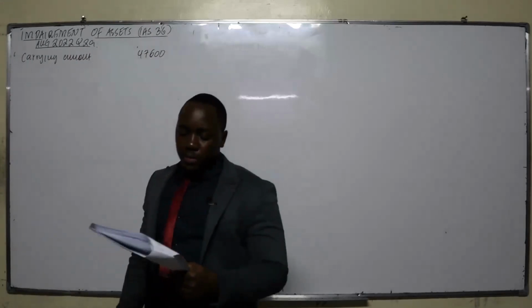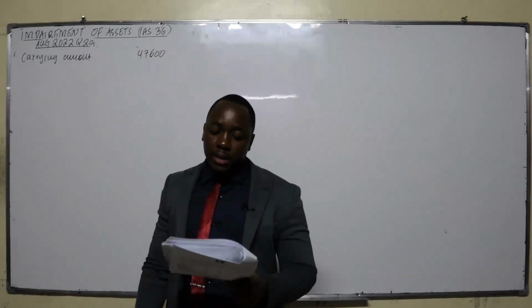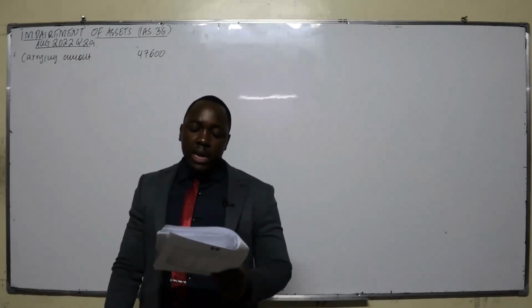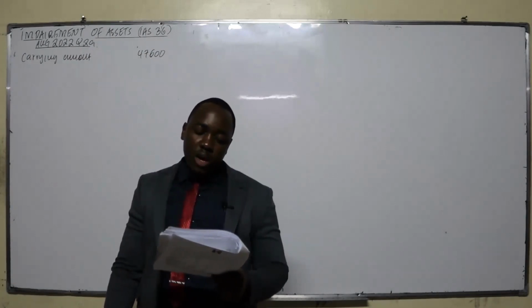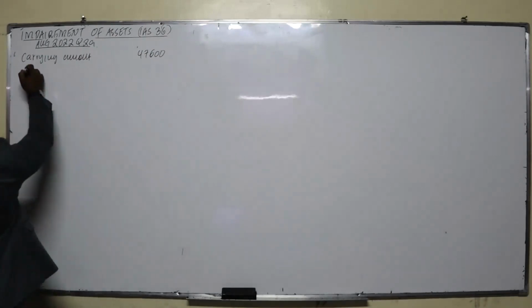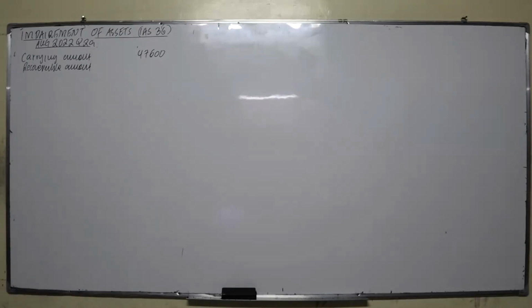Additional information. An impairment review revealed a net selling price of 19.2 million and a value in use of 31.2 million for the factory. Give me the recoverable amount. You get? Yes.